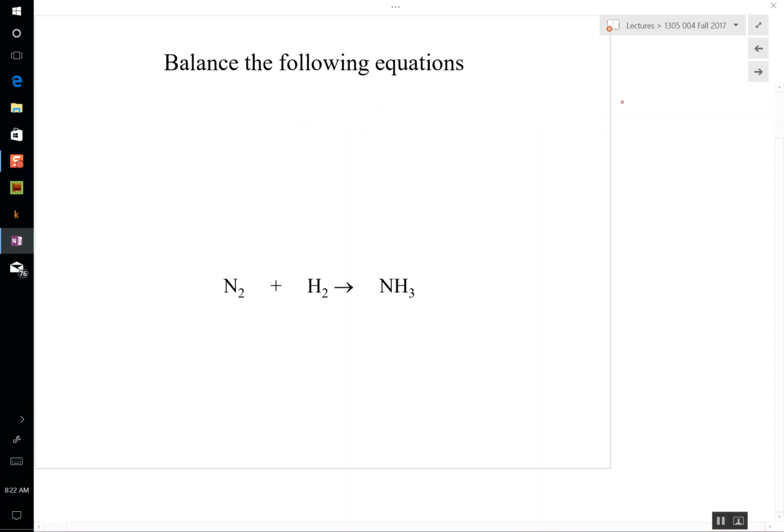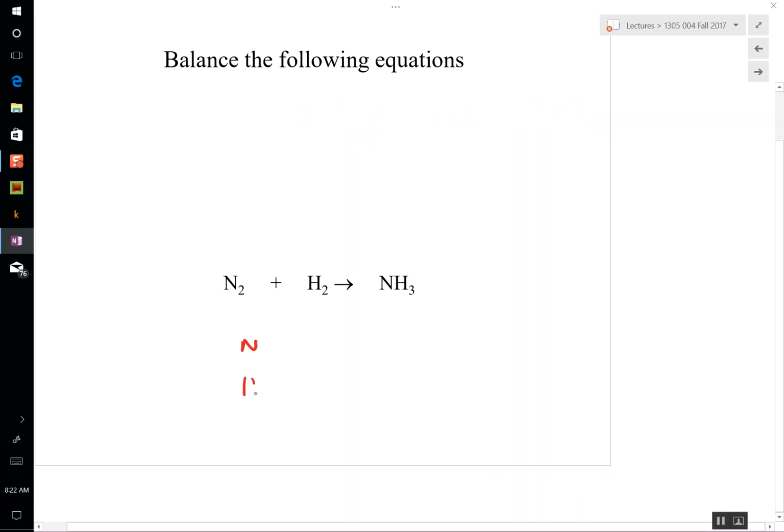So you look at an equation like this and you see 2 nitrogens. Well, here's one simple way. You could do a little bit of accounting. I've got 2 nitrogens over here and only 1 nitrogen over here. I've got 2 hydrogens over here, and I have 3 hydrogens over here.